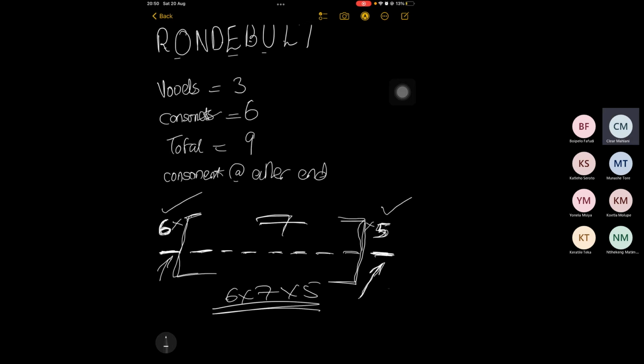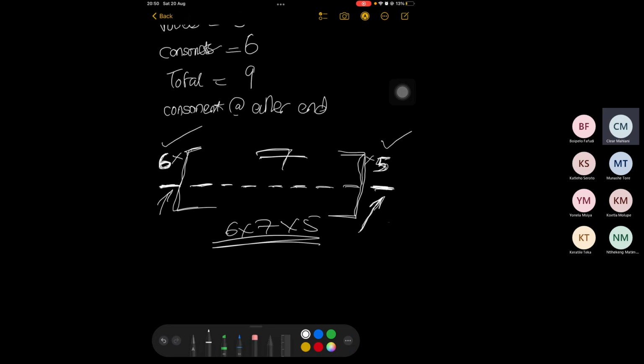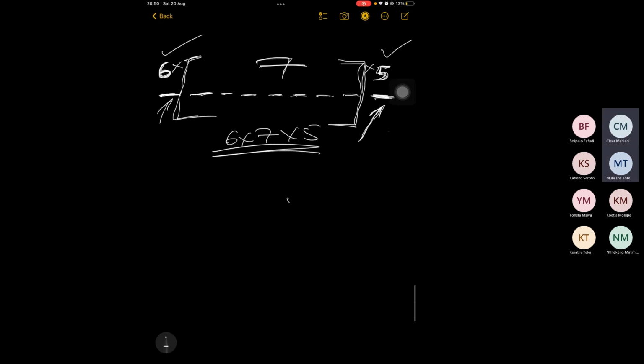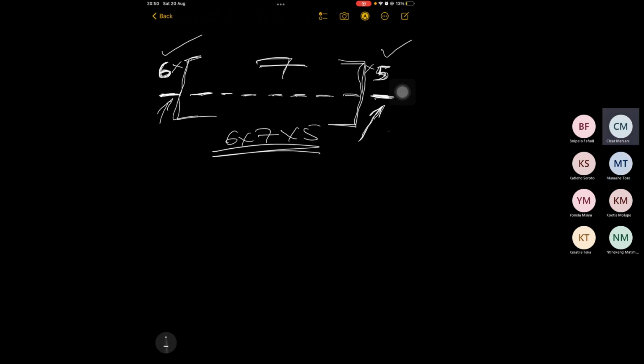But the way I was thinking about it, the condition is that consonants are on either end of the word. Doesn't that mean a consonant can be at the beginning or at the end, but not at the same time? Oh, okay.